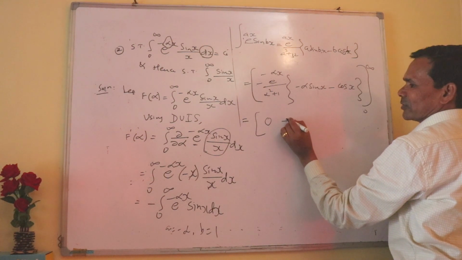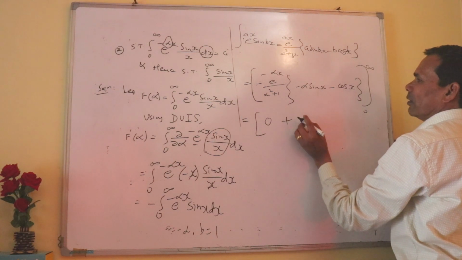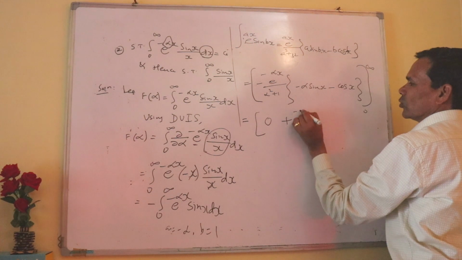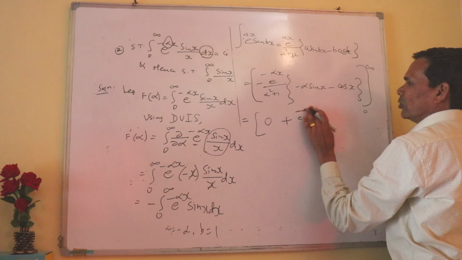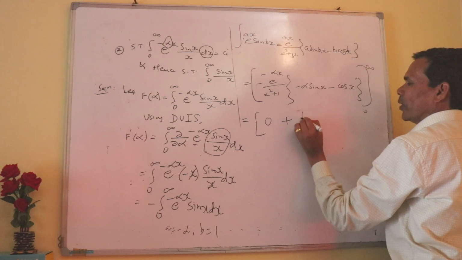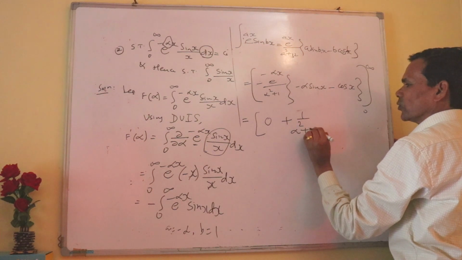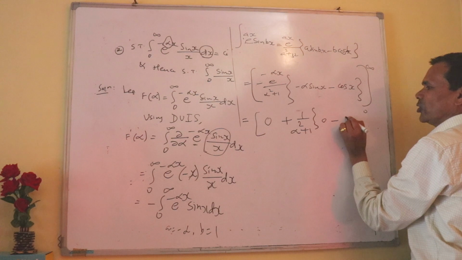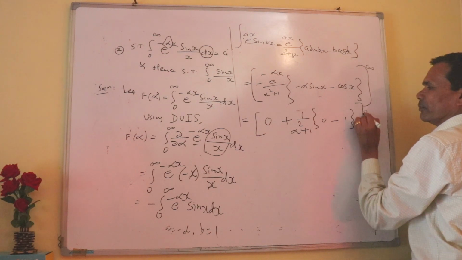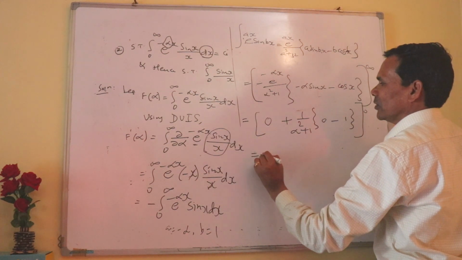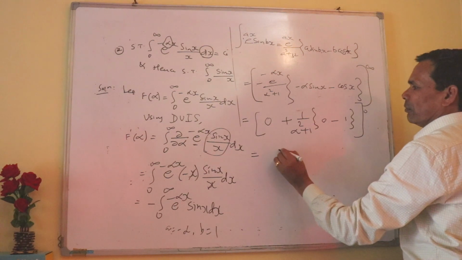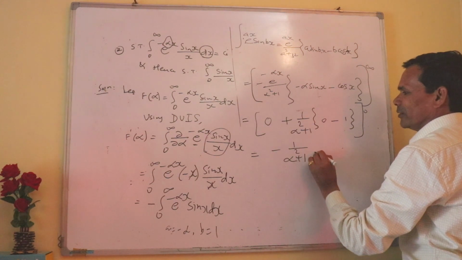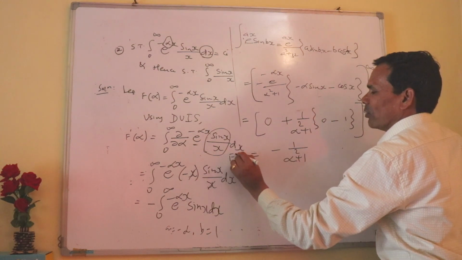Then the lower limit: e raised to minus alpha x at 0, e raised to 0 is 1, 1 upon alpha square plus 1 inside the bracket, sin 0 is 0, cos 0 is 1. So you are getting this equal to minus 1 upon alpha square plus 1. This is f dash of alpha.